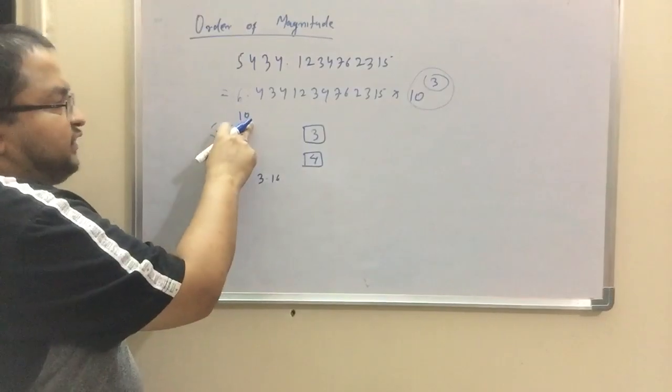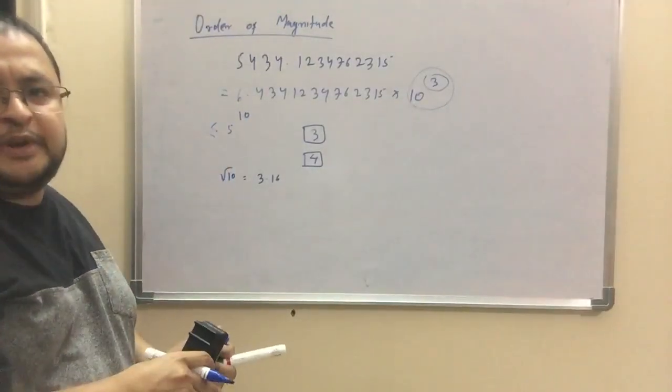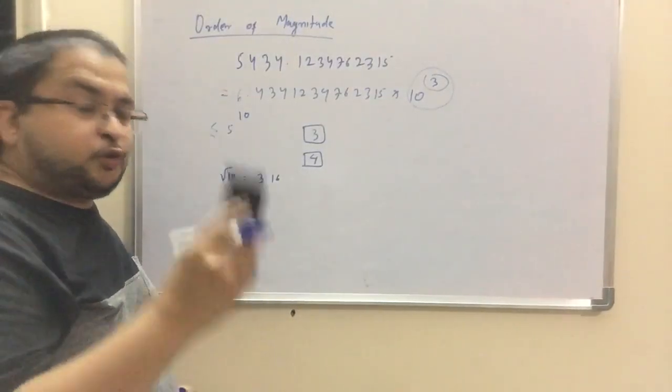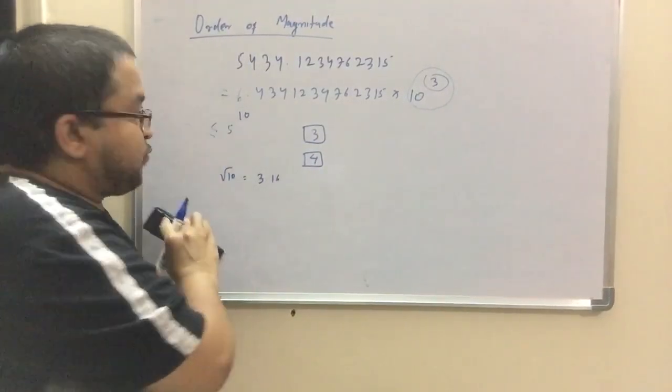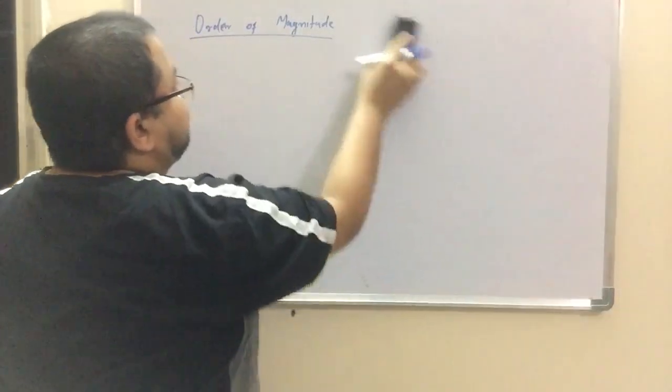I go by this convention, comparison with 5, but there is a difference of opinion among a few physicists who compare it with root over 10. That could be a matter of debate, but I don't want to go into that right here. Okay, so this is where we would end order of magnitude.